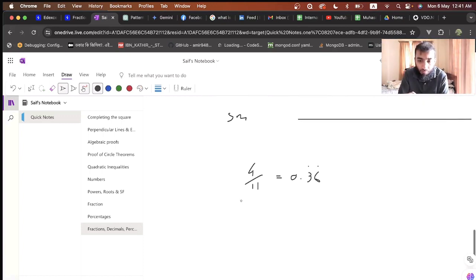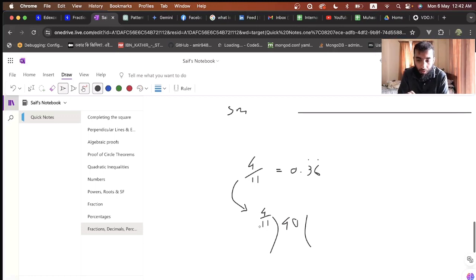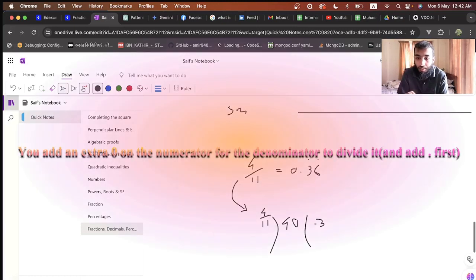So let's check how we can solve the fraction 4 by 11. 4 by 11 is basically dividing 4 by 11. If I divide 40 by 11, there is a point, because I added an extra 0 and a dot.